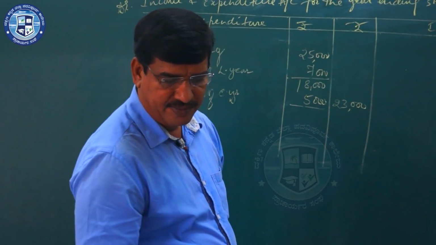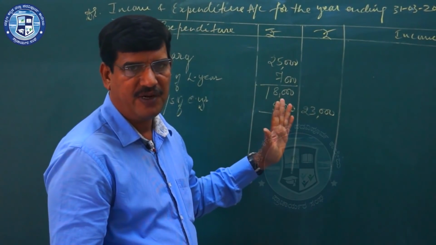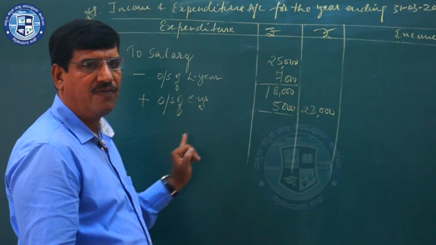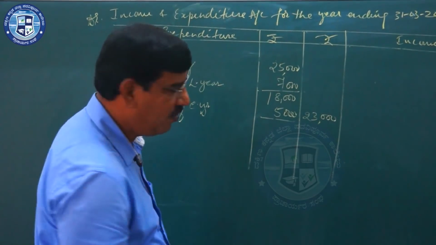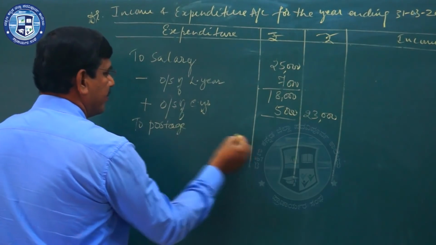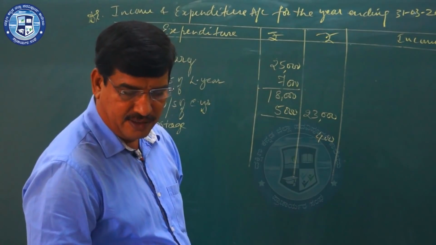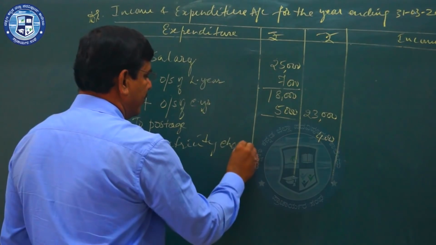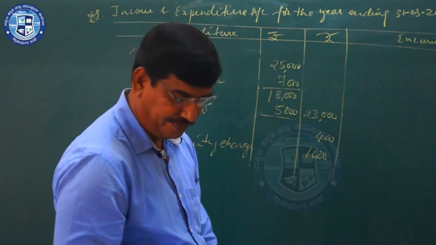The next payment is sports materials. Sports materials are capital expenditure, they will go to the balance sheet. And investment, this is an item of capital expenditure, again it goes to the balance sheet. Then postage 400, no adjustment. Electricity charges rupees 1,600, for which there is no adjustment.